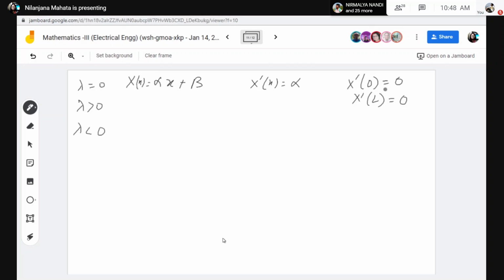Now X dash 0 equal to 0 means your alpha is 0, and X dash L is 0 also means alpha is 0, but there is no restriction on beta. So this function may be a constant function. If I write it, lambda 0, X0 of x, suppose this is 1 multiplied by any constant, there may be a solution of this form.